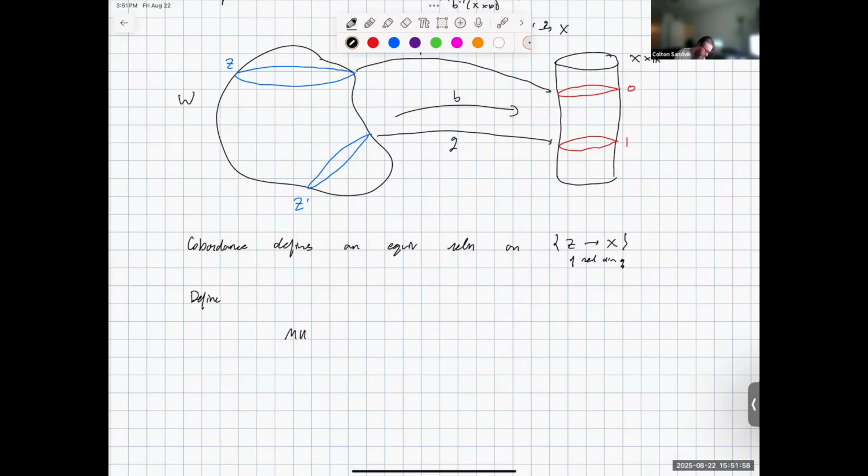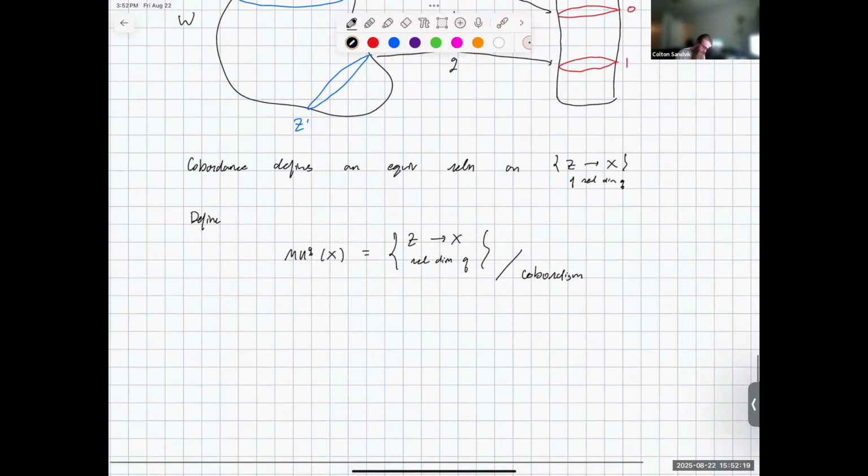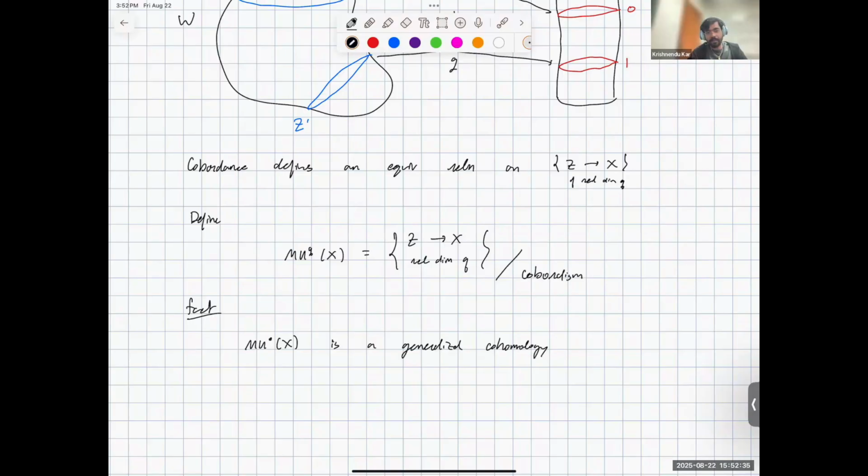So we can define MU^q of X to be this set of maps modulo cobordism. And the fact is that this defines a generalized cohomology theory. This is your classical MU spectrum if you are talking about the topological version.